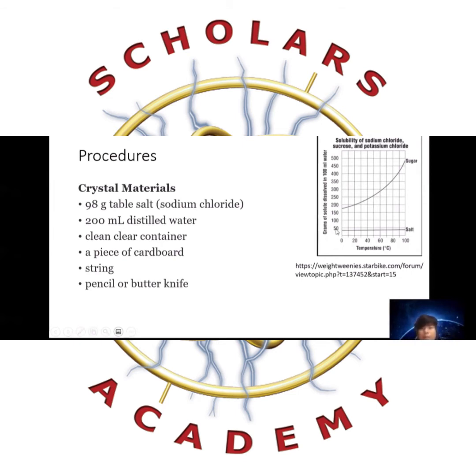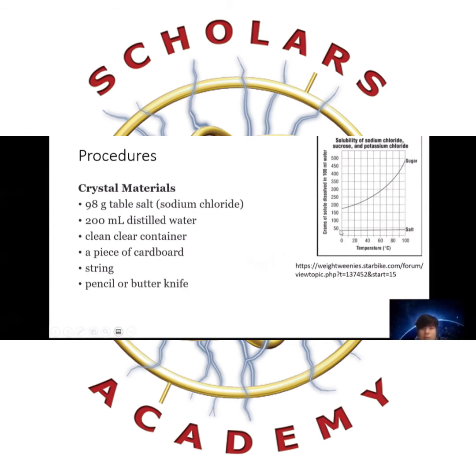So for each 100 milliliters of water, this is the amount of sugar that can be dissolved as temperature increases or decreases. As temperature decreases, less sugar can be dissolved in the water. So how can we use this for our procedures?